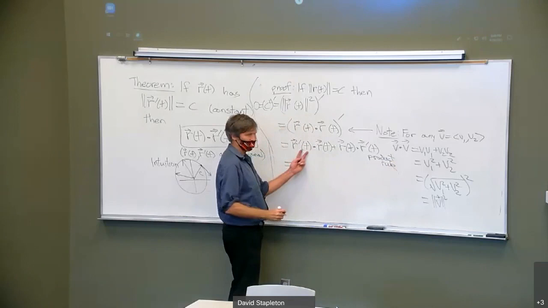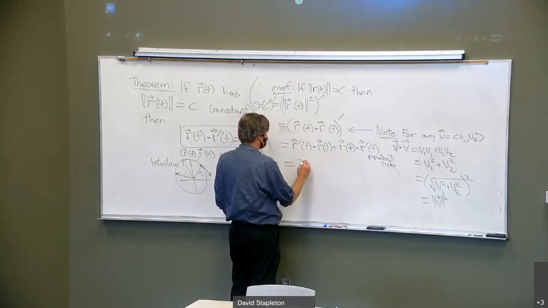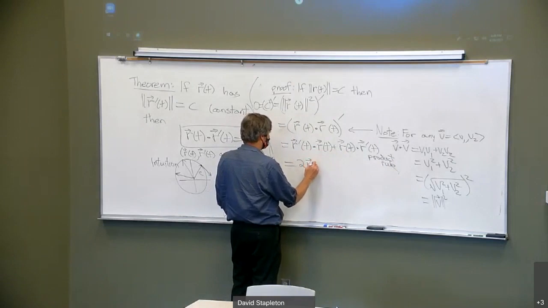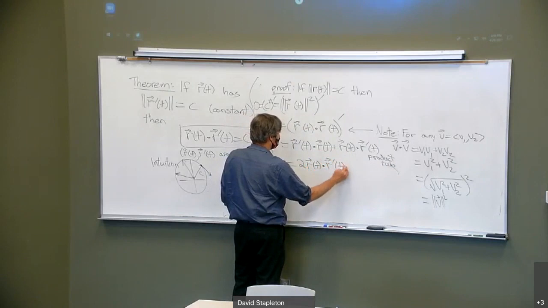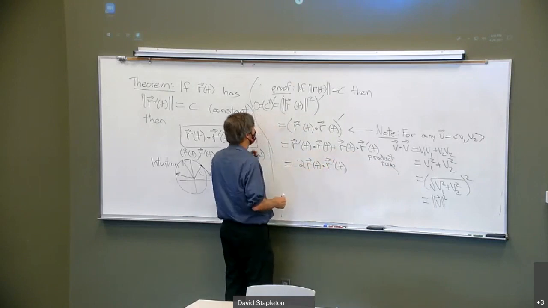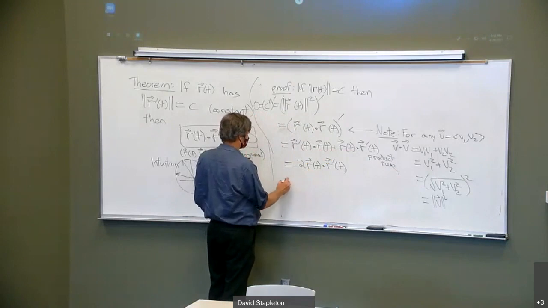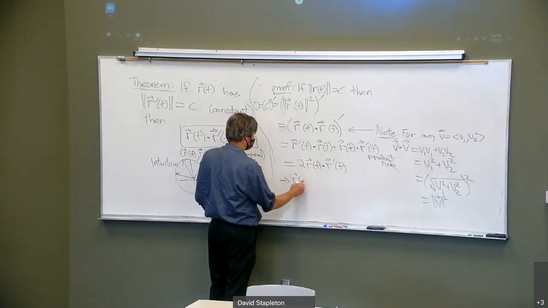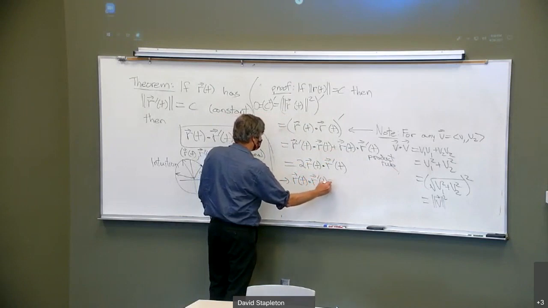Now remember, the dot product goes in either order and gives you the same result. So this is two of the same thing. This is 2 r dot r prime, right? Well, if two of these is 0, then it follows that one of these is 0. r dot r prime is 0.